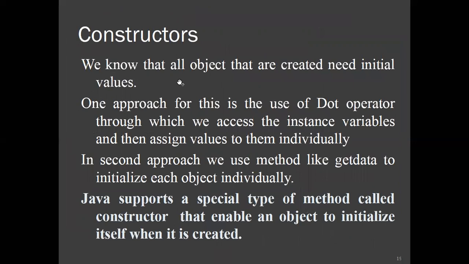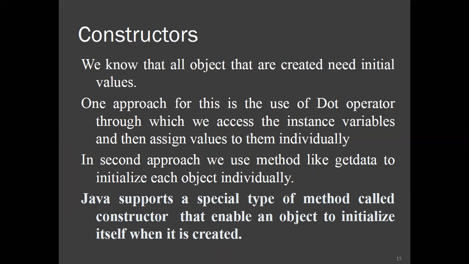I have told you already about constructors, and we'll see them later. So what is a constructor? A constructor is something like a method. All objects that are created need initial values, so you need to initialize the different objects you have created with default values.